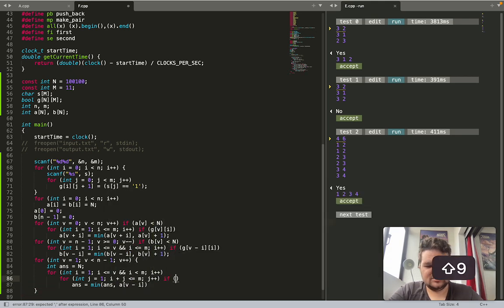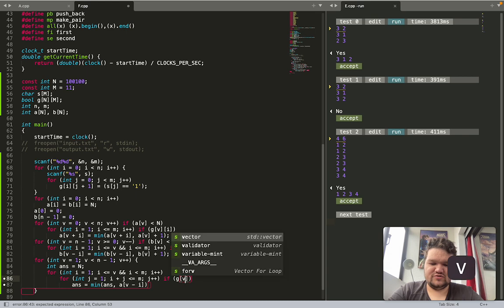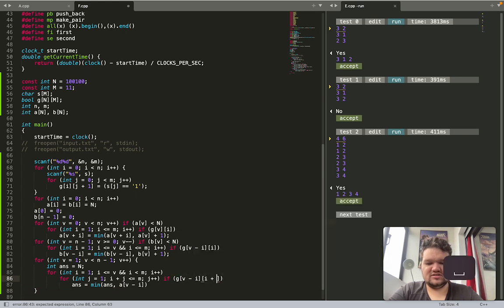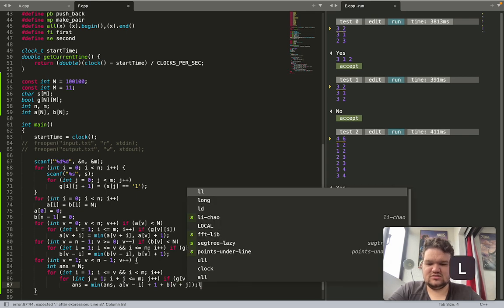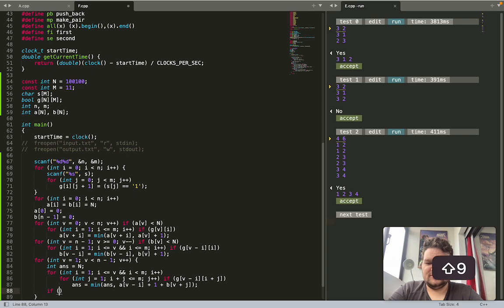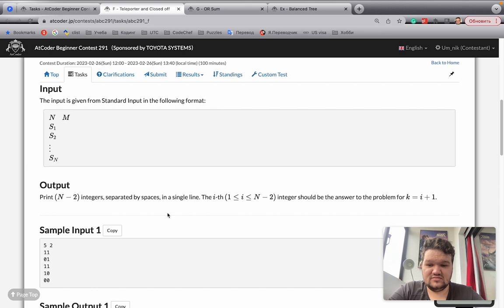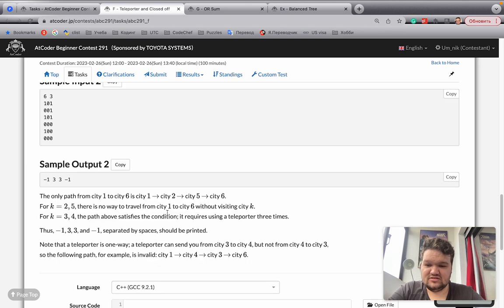If this edge exists, which is an edge from v minus i with length i plus j, then I should reach the starting vertex from the start, plus traverse this edge, plus from the end of the edge reach the finish. That's written here. Here I should print something like -1. Yeah.